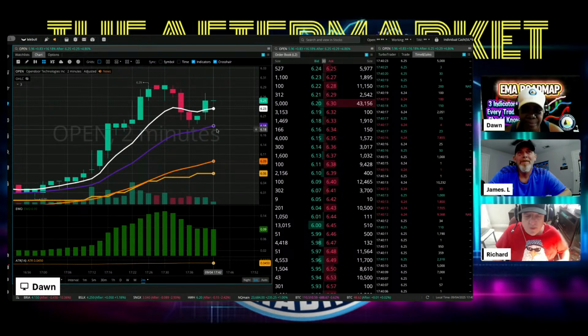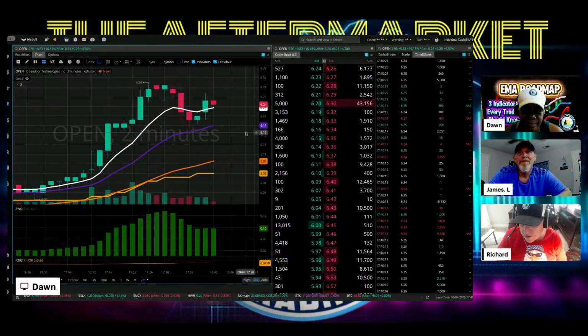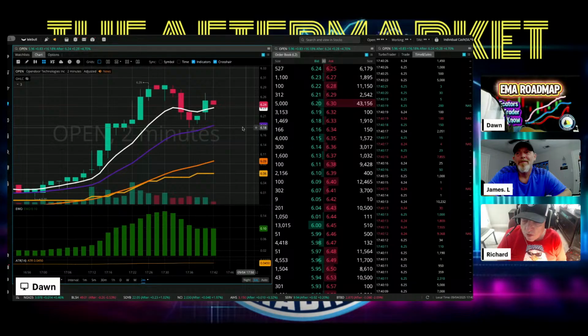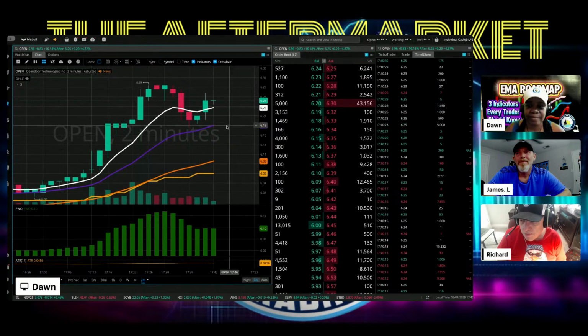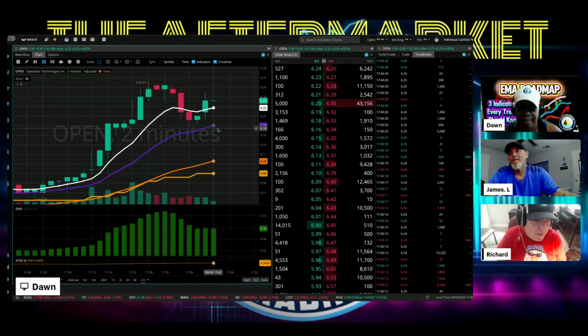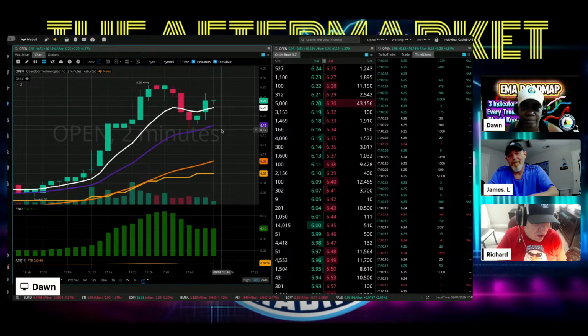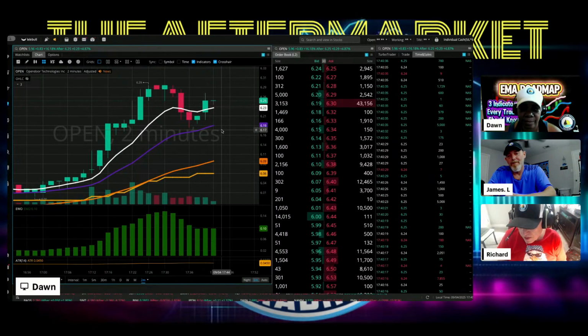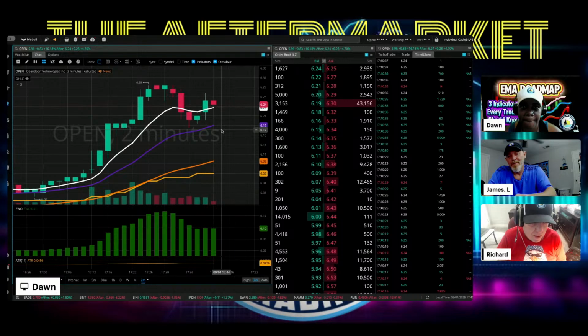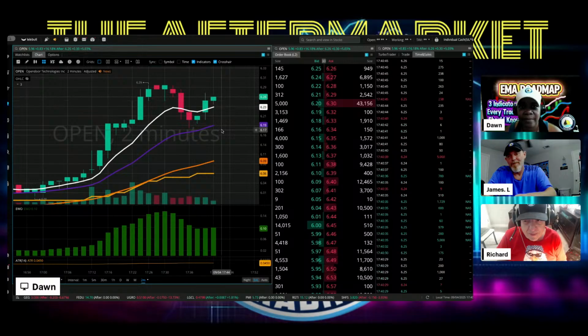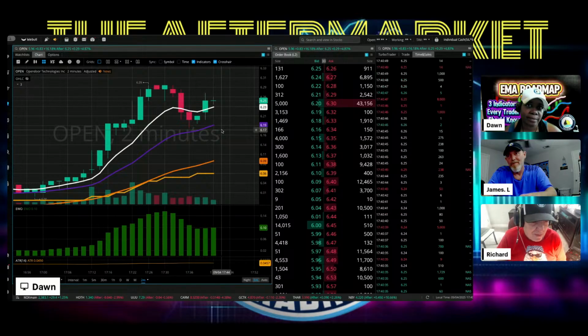It went up to $6 earlier today, and it was like, is it going to roll over as it goes into the close? But OPEN, for those that don't know what it is and why this is a good demonstration, kind of goes in with the jobs report. OPEN deals with real estate, and if the interest rates are going to be lowered, does that make OPEN a play to look at to see if it's popping?